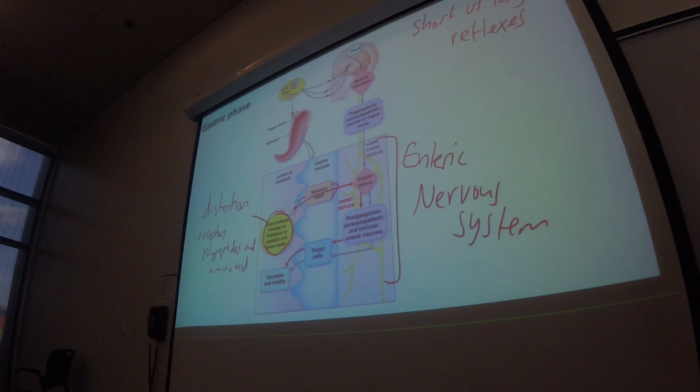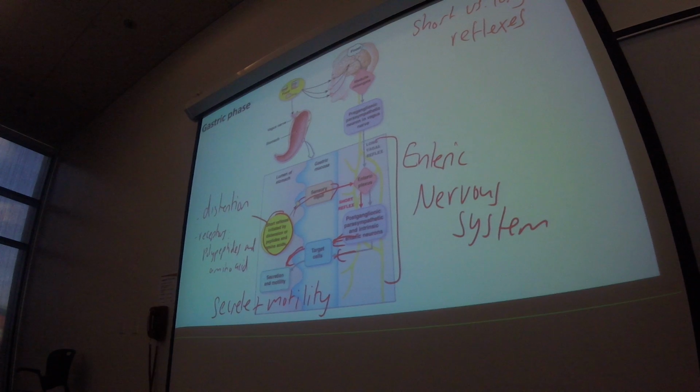So those mechanical and chemical inputs then get processed by the enteric nervous system, and the enteric nervous system via some neurons will then tell target cells to do something. So to secrete something and do some motility, right? Push things around. And that is the short reflex.